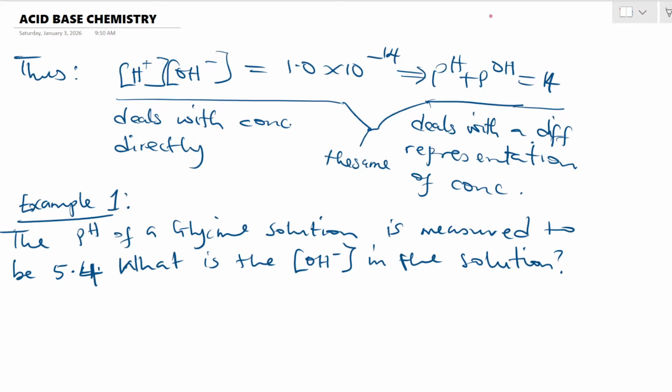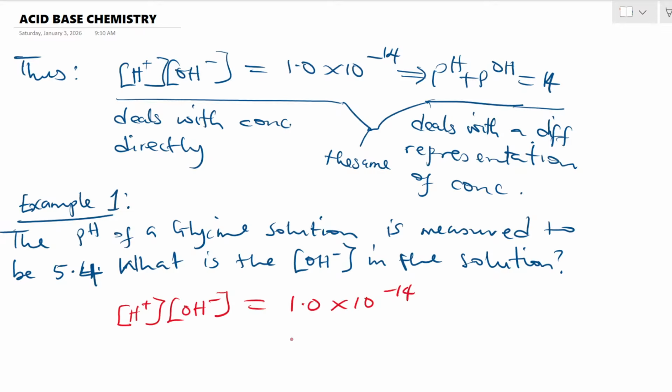Hydroxide ion, which is equal to 10 raised to power minus 14. So what we are looking at directly here is your H plus times OH minus is equal to what? 1.0 times 10 raised to power minus 14.